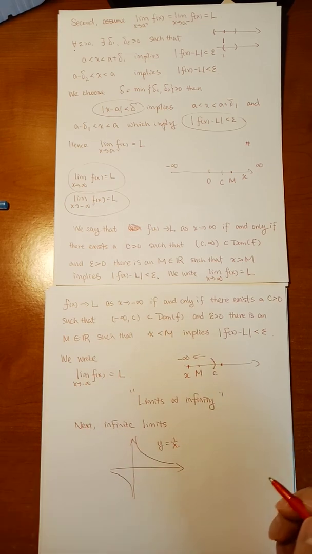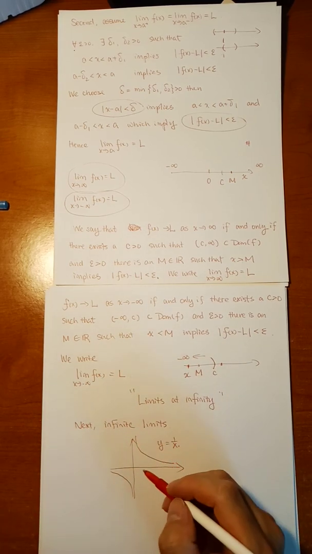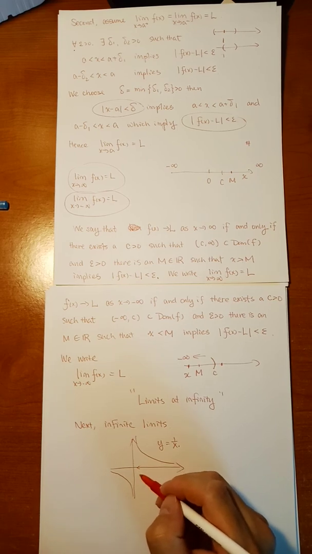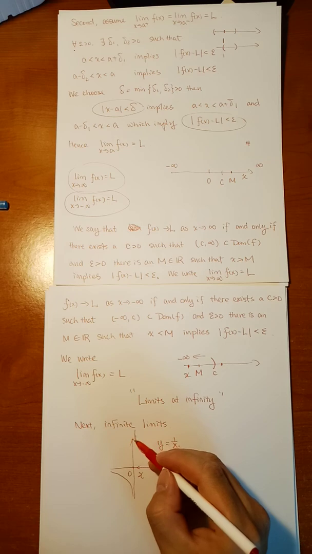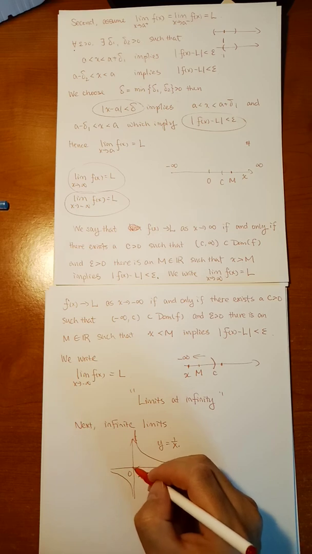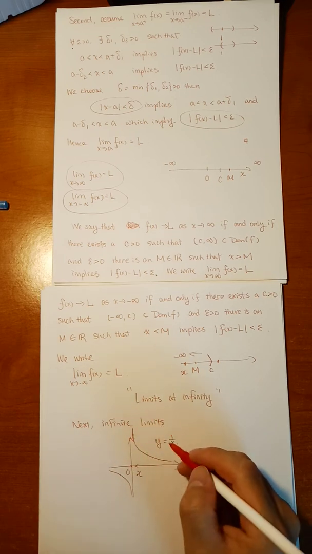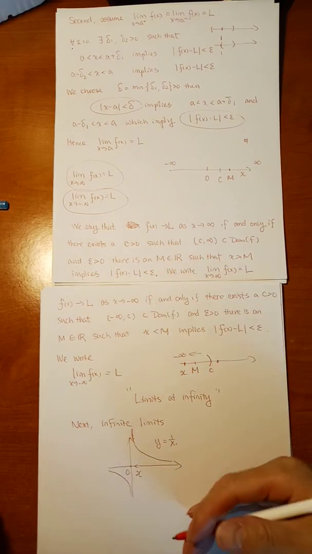For example, y equal to 1 over x. When x approaches 0 from the right hand side, you can see that the value becomes bigger and bigger. So when x approaches 0 from the right hand side, the limit of 1 over x is infinity. So that's an infinite limit.